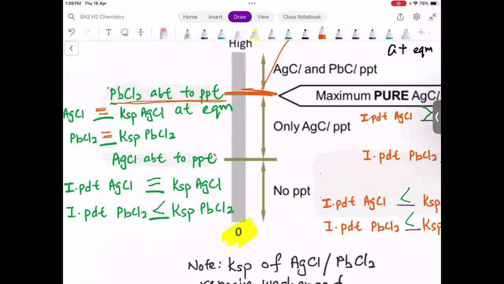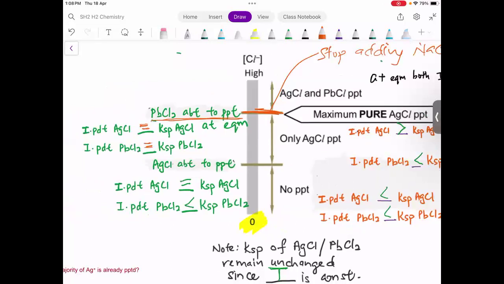When the ionic product equals Ksp. So that is at equilibrium. Then when you add in another bit, you cause a disturbance again. Then the whole story goes one round again. So it's a repeated cycle until you reach the saturation point of lead chloride.